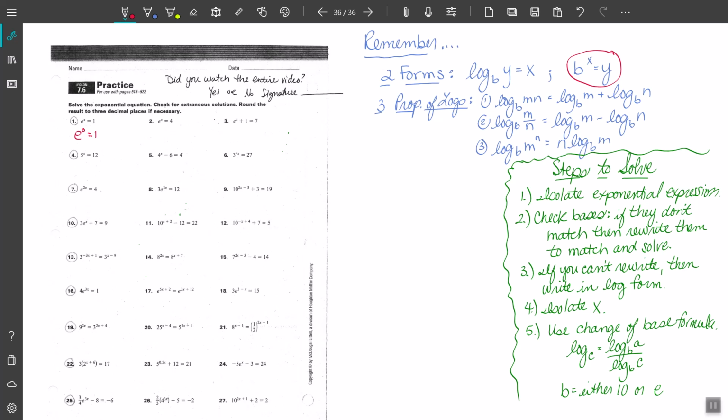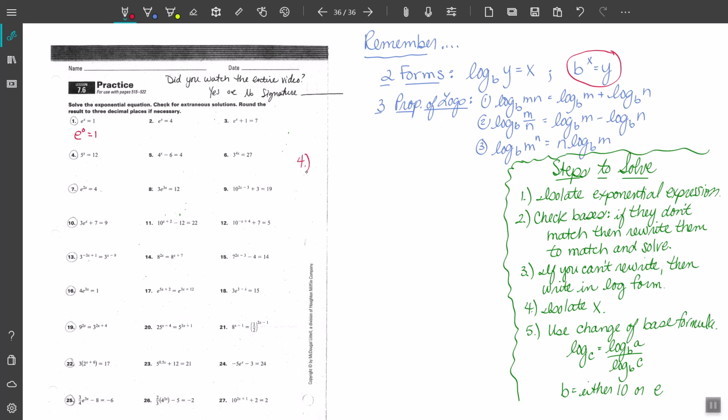The bases don't match, and because of that, we're going to go ahead and rewrite this either to make the bases match, that's what number 2 says, or if we can't rewrite the bases to make them match, then we're going to write this out in logarithmic form. So we can see pretty clearly on number 4 that there's no way to rewrite a 5 and a 12 to make them have the same base. So we're just going to go ahead and rewrite in logarithmic form.